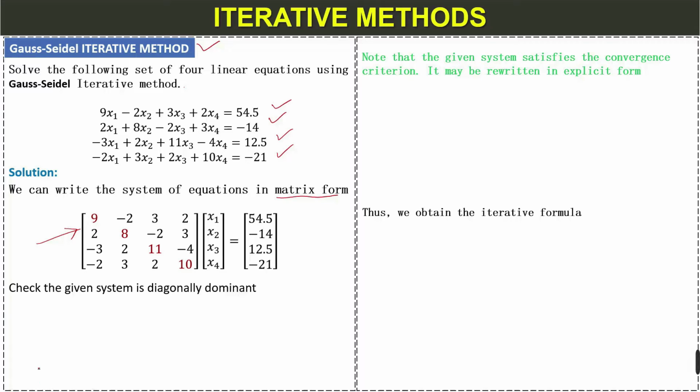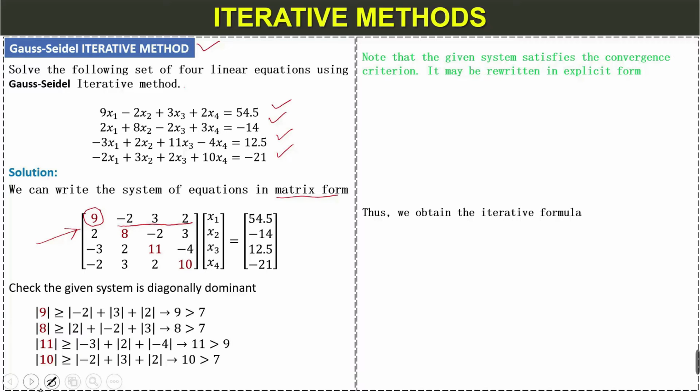For diagonal dominance, the diagonal or pivot element should be greater than the absolute sum of the other elements in that row.